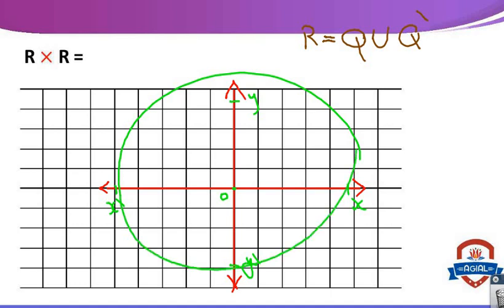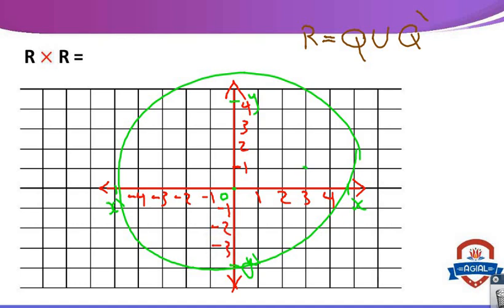All the surface from all sides represents ordered pairs of the Cartesian product R × R. This point represents what? 1, 2, 3, 4, and so on, negative 1, negative 2, negative 3, negative 4, and so on, on both axes.